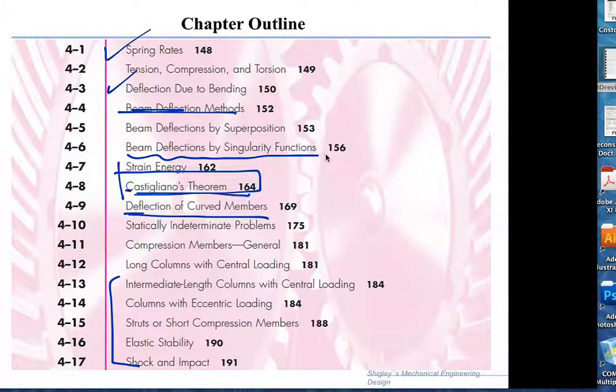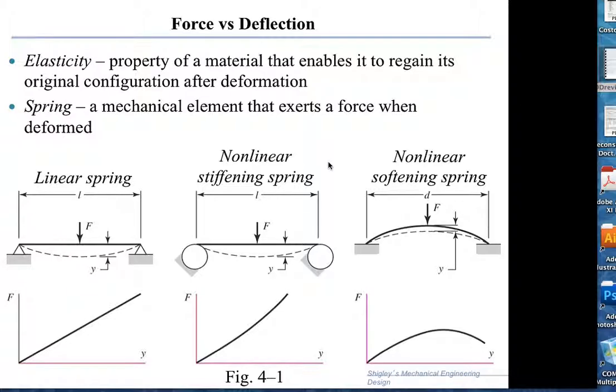So I'll look here at the first topic. And the first topic here, you can see that we can consider a beam as a spring. So the beam can look as a linear spring. If we apply a force in the middle, then the deflection under the force, if you measure that deflection, you can call it y.